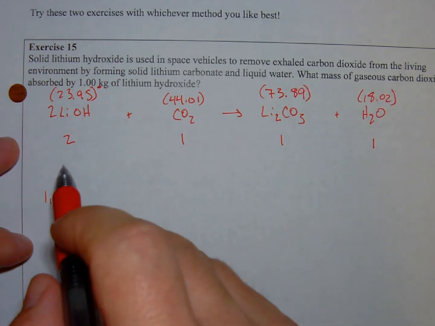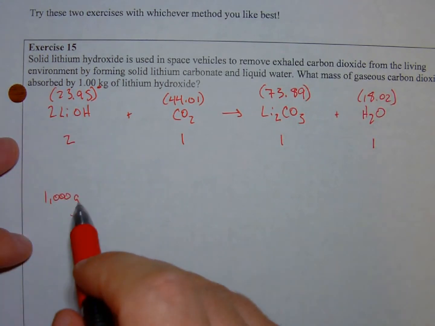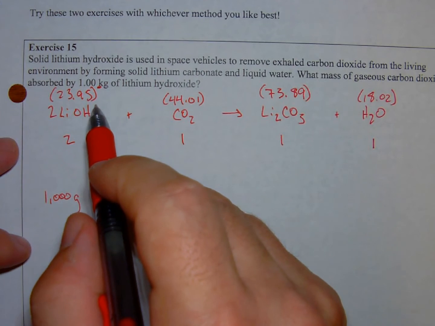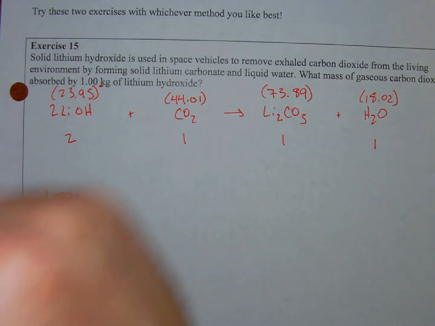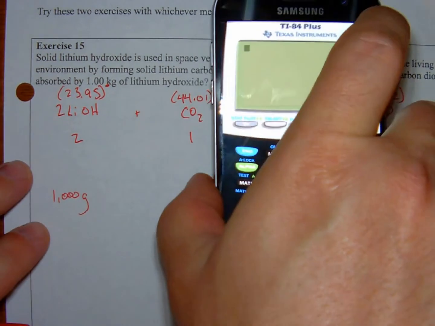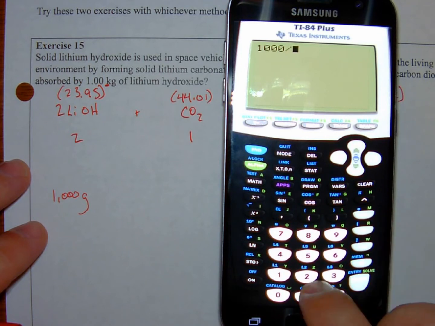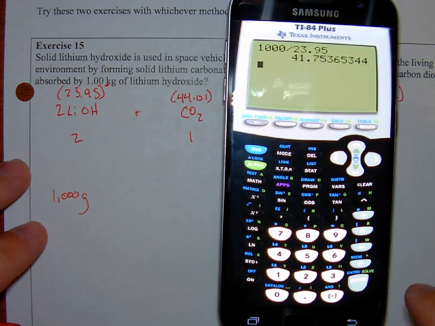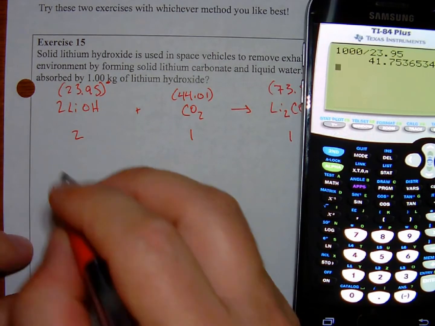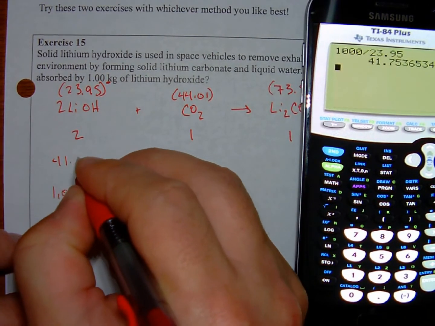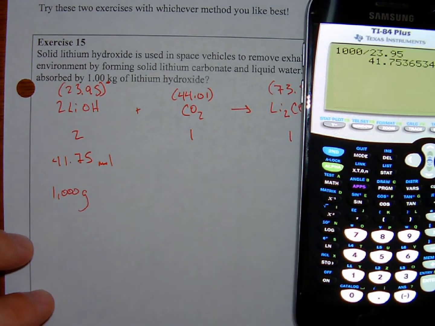So how many moles is this? So I have this many grams. This is the molar mass. What is the amount of moles present? 1,000 divided by 23.95. I have 41.75 moles.